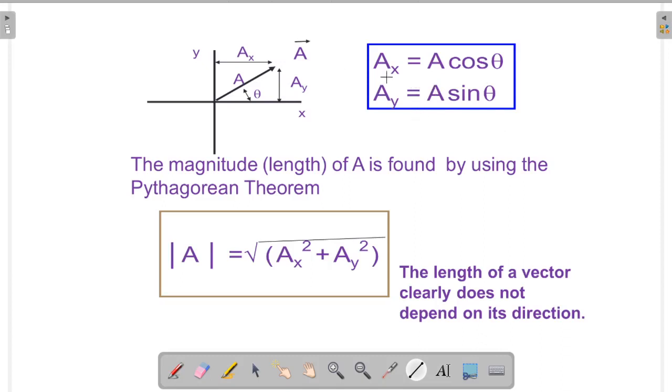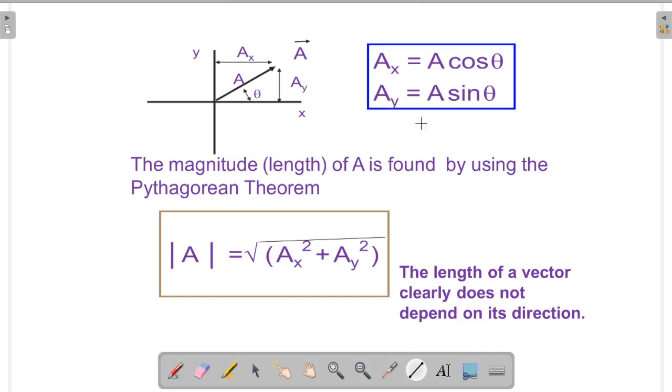When a vector is indicated by an arrow, the vector has two components. One is horizontal, along the horizontal line, and the other is vertical, along the vertical. The component of x is Ax equal to A cos theta. Let this be a right angle triangle.